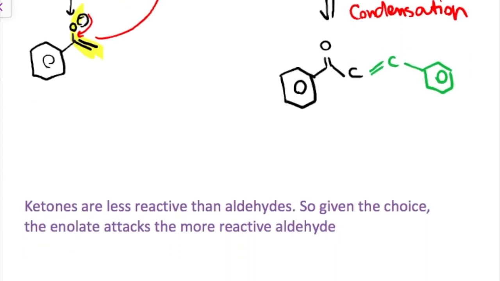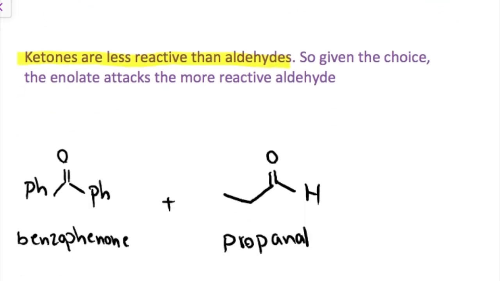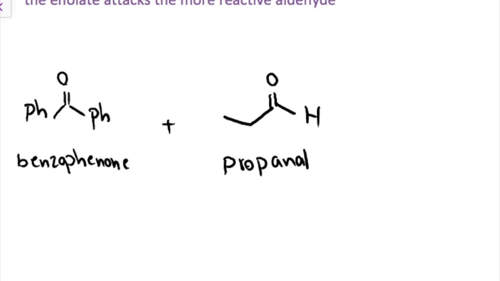The answer is that, remember, ketones are less reactive than aldehydes. So given the choice, the enolate attacks the more reactive aldehyde rather than the ketone. So let's look at another example. Here we have benzophenone and propanal. Again, take a few seconds and see if you can identify all of the alpha hydrogens.